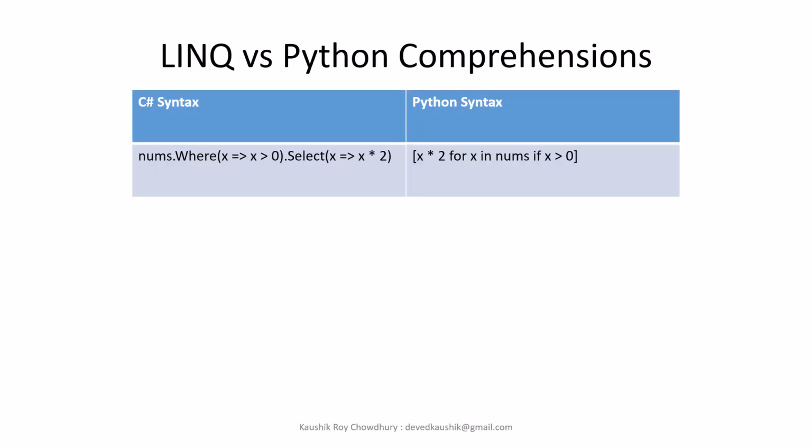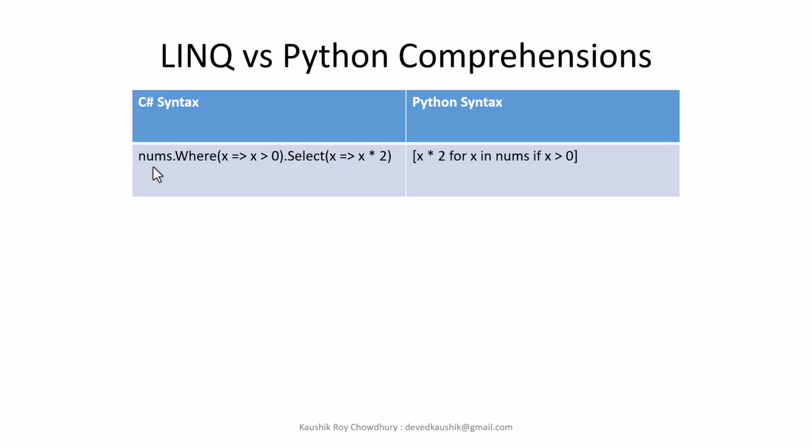Now the LINQ versus Python comprehensions. So you might love LINQ in C# and Python has something equally elegant, list comprehensions, which we have already learned actually in the loop section. A single line x into 2 for x in nums if x is greater than 0 replaces both filtering and projection and is used everywhere in Python data science.